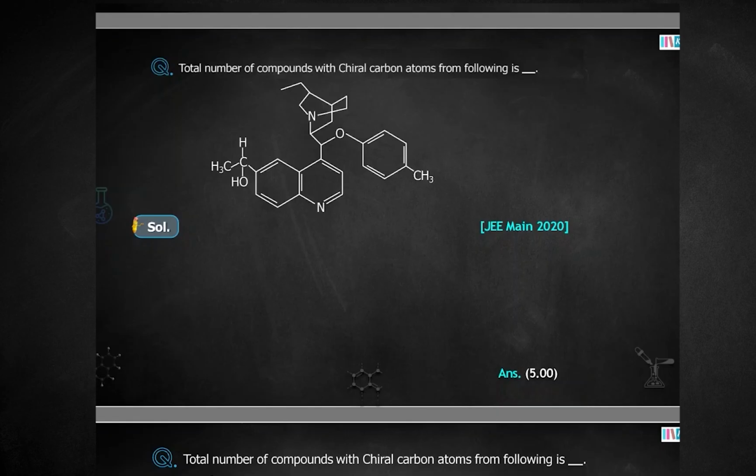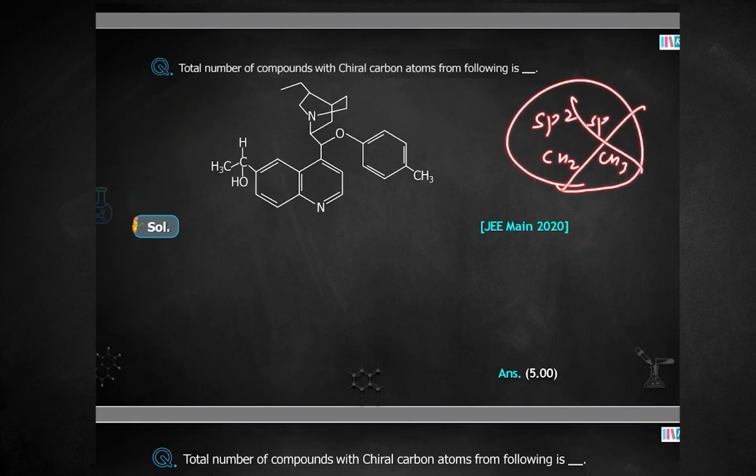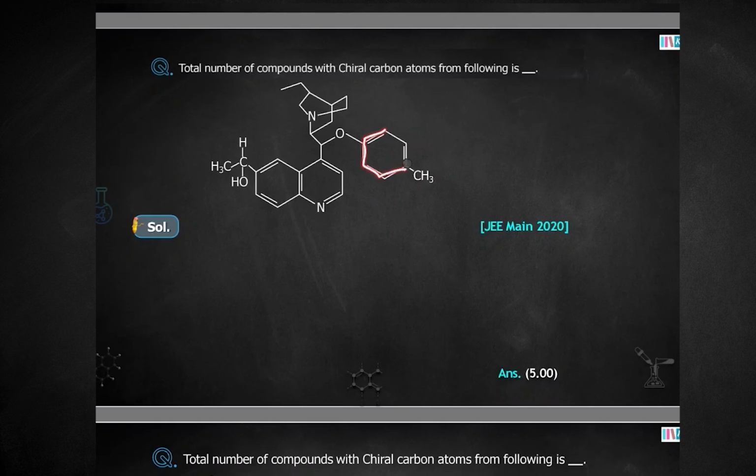Now let's solve the most important question that NTA asked in 2020. It's a very important question. First of all, eliminate all sp2, sp, CH2, CH3, all such groups. Okay, so all these benzene sp2 hybridized atoms, eliminate this, remove it. This CH3, eliminate. What we have to focus on is this system.